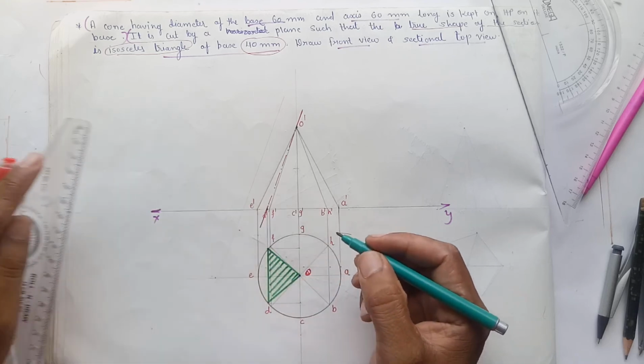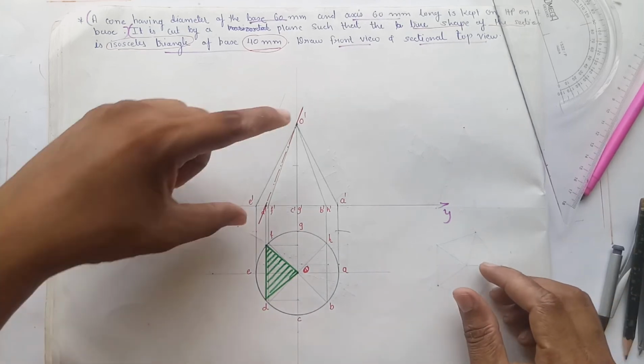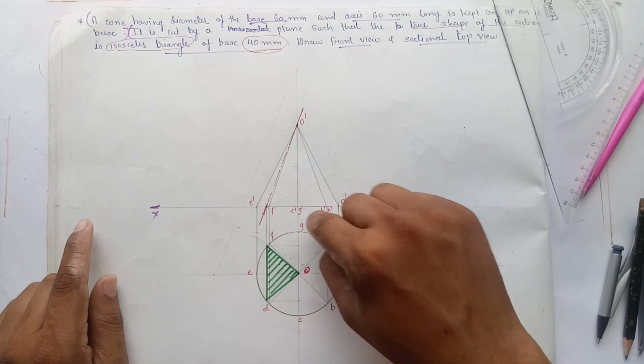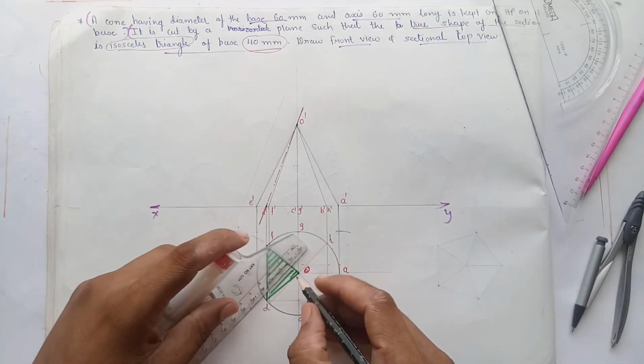So this will be the sectional front view having base length 40 mm, and we have to remove this part, so this part will remain as it is. This part will be considered as the dark part and this part should be light.